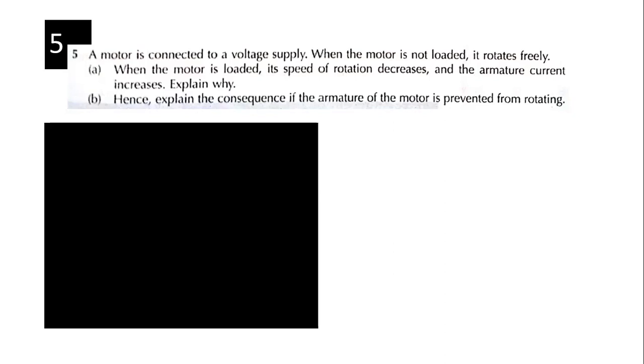When the motor rotates freely, the back EMF is directly proportional to the frequency of rotation. If the frequency is large, then the armature current is small. When the speed of rotation decreases, what will happen?